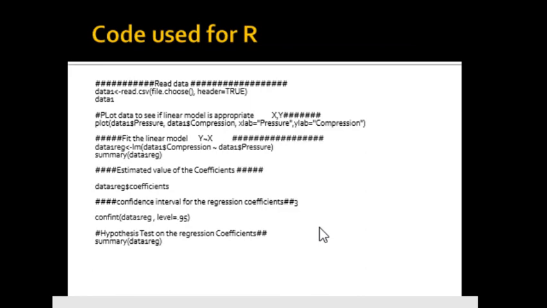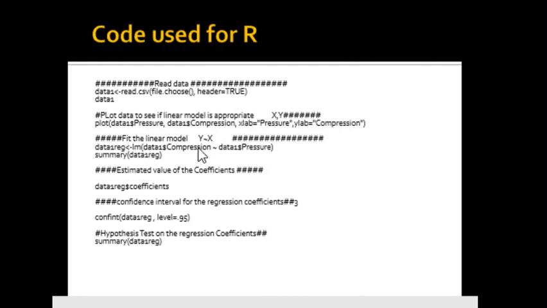Here is the code that I have used to calculate the regression model. First, read the data in, then you plot to see how the x and y are related, if it's a linear model. Then data 1 reg, and lm is the function for linear model.